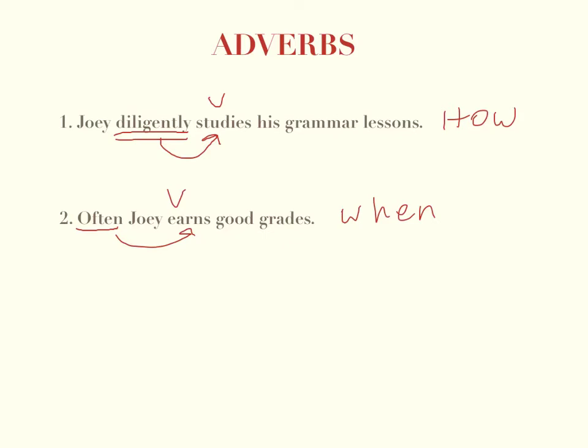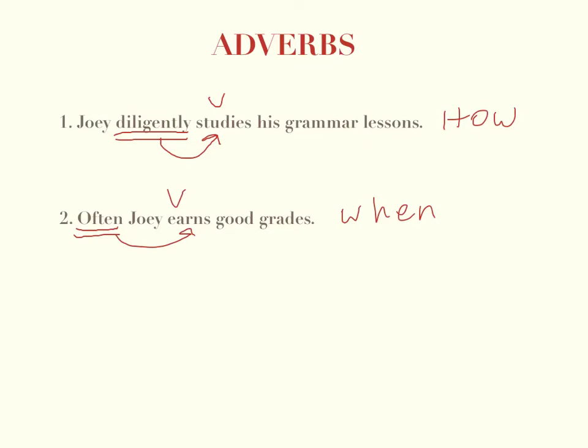Identify whether that word is modifying either a verb, an adjective, or another adverb. Chances are it is. But not all adverbs end in ly, and often is an example. This is an adverb, and it does not end in ly. On the next slide, I'll give you a list of other adverbs like often that don't end in ly so that you can look for them and you're aware of which ones they are.